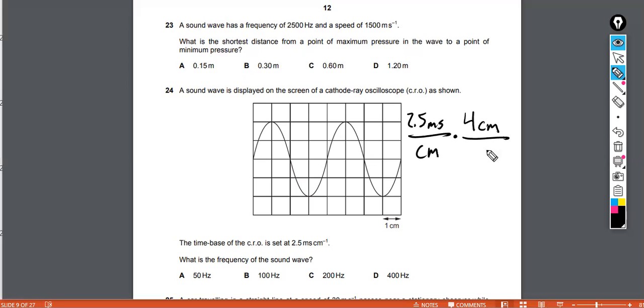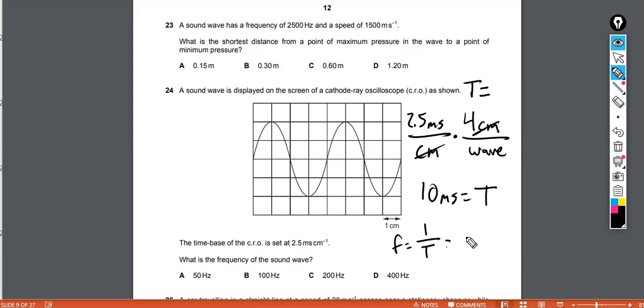4 centimeters per wave. When I multiply these two, I no longer have centimeters of display space, I have milliseconds per wave. Nice, that's a period. That's something useful about the wave. The time period of the wave is the amount of time it takes a single wave to propagate. So 2.5 times 4, what's that? 10. 10 milliseconds is the period, and then the frequency, you may recall, is 1 over the period.